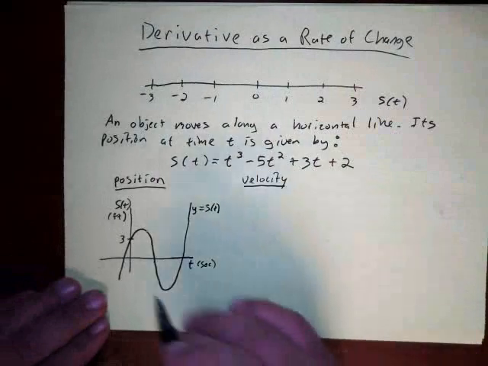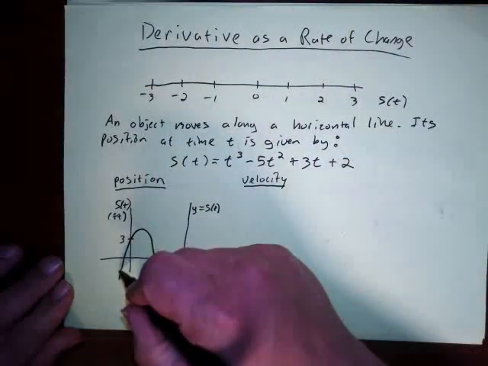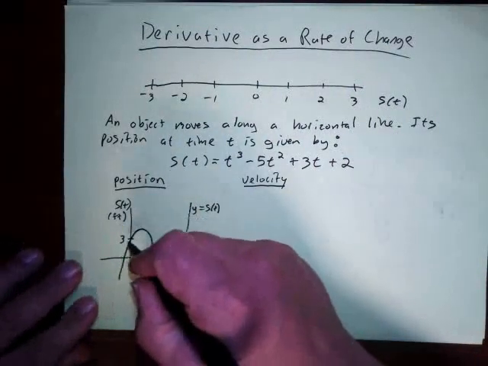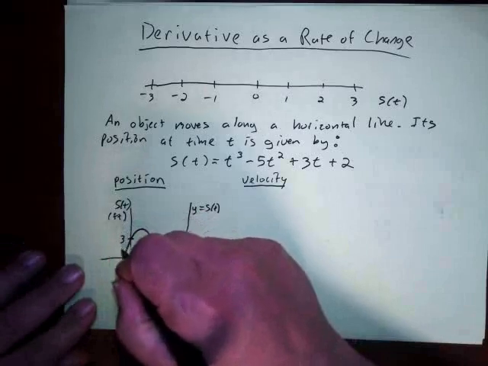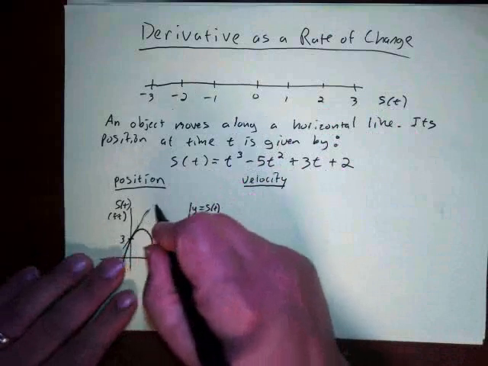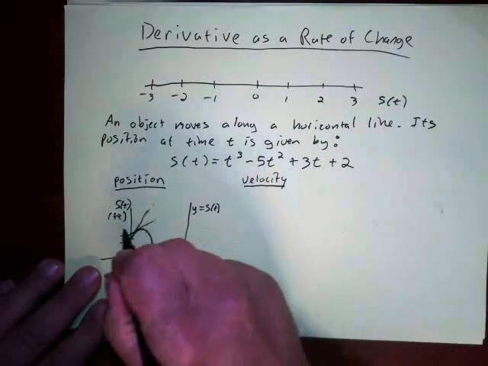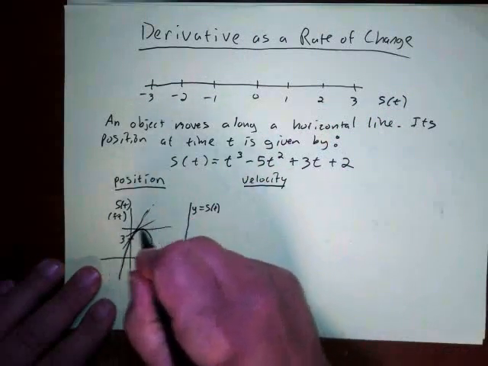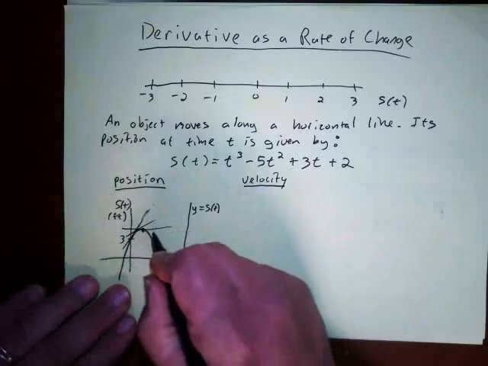Now there's a couple ways we can do it. We can look at this graph and look at the slope of the lines. Like here at 0, it has a positive slope, and then it keeps getting less, and then at this point it's 0, right?